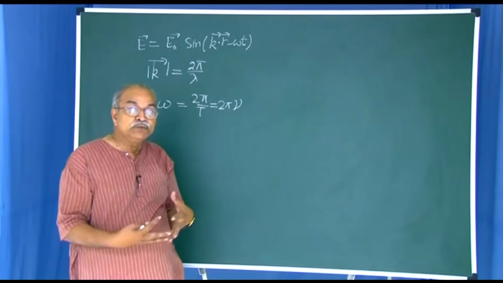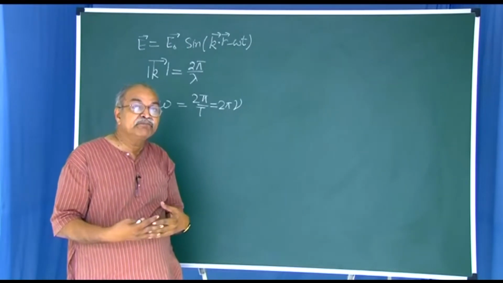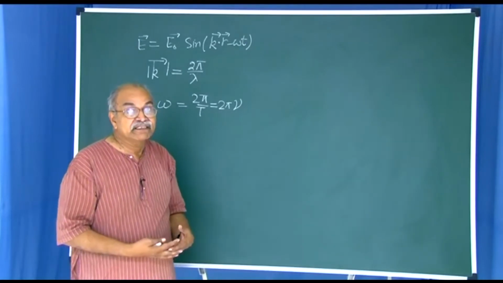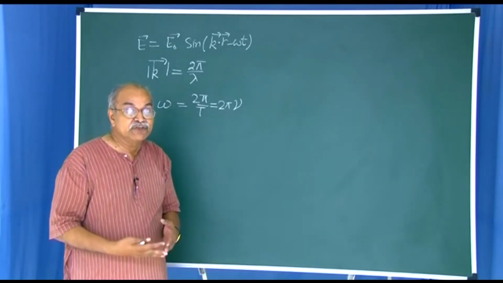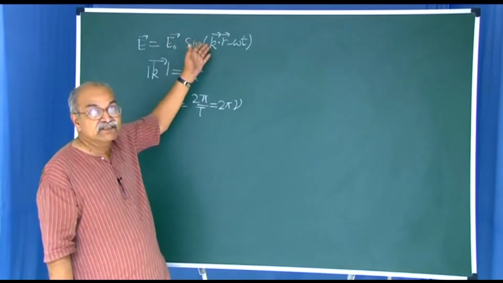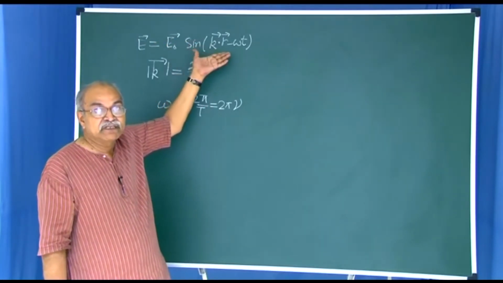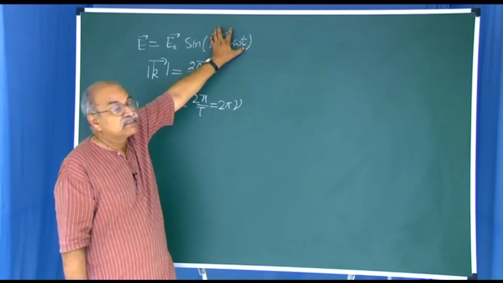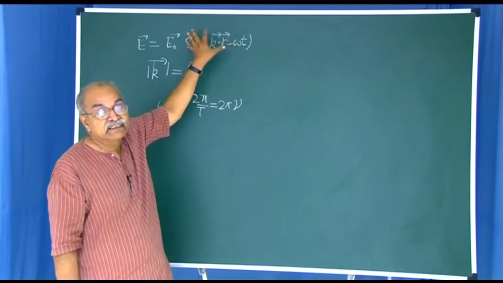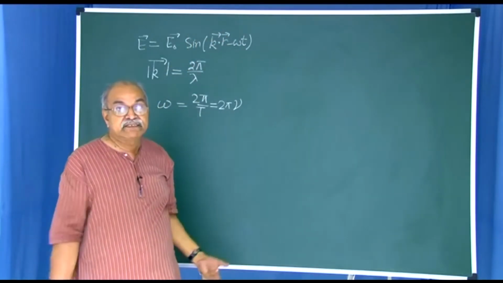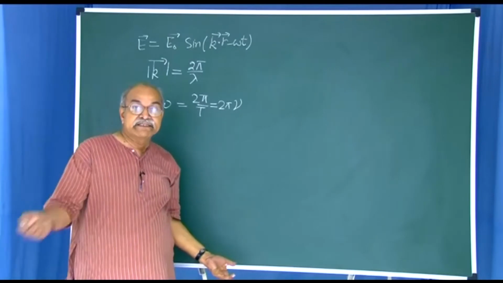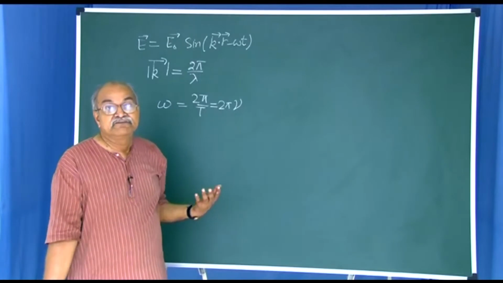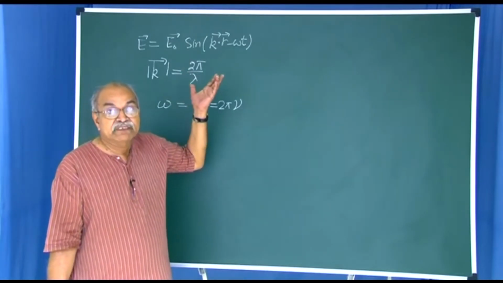Therefore the two waves which are adding can produce a constructive interference or a destructive interference. The net intensity is not the sum of the intensities of the two waves, but depends on the difference in this part which changes the value of the sine. So, the whole thing may become a destructive interference where the total intensity is 0 at certain points, or it can be double the amplitude, when the intensity will be 4 times, and so on.